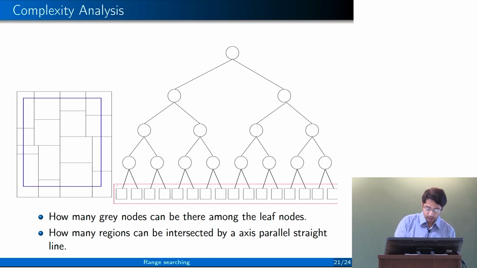Very good. Look at the nodes in the leaf level. Suppose these are the nodes in the leaf level. Which boxes do they represent? They represent the finer subdivisions, the last subdivision. So we have 4 lines.